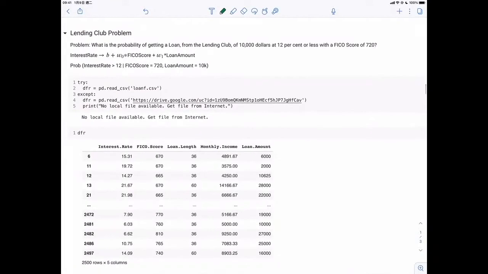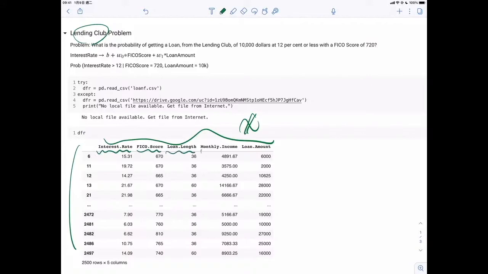So what is Lending Club? We have a bunch of data right here, and of course we have a lot of X: interest rate, score, loan length, monthly income, loan amount. Those are the features that you collect. Every row is a loan, with many different features. What is the problem we would like to discuss?